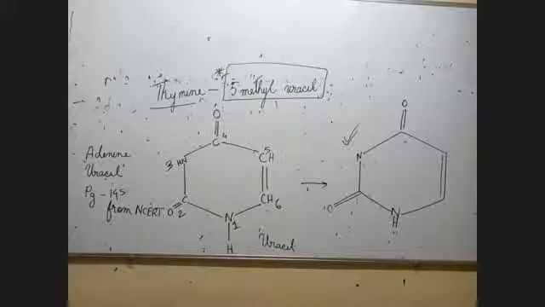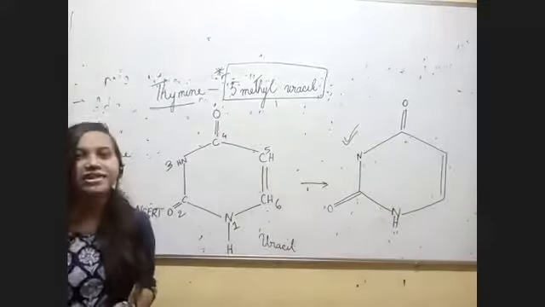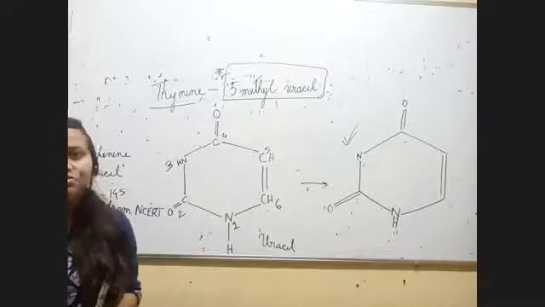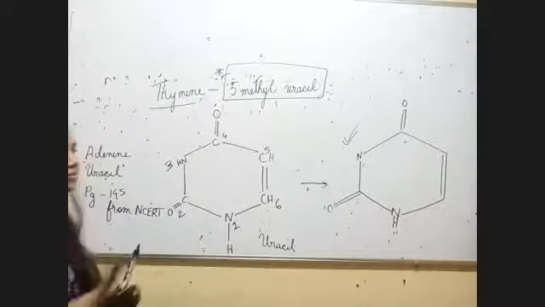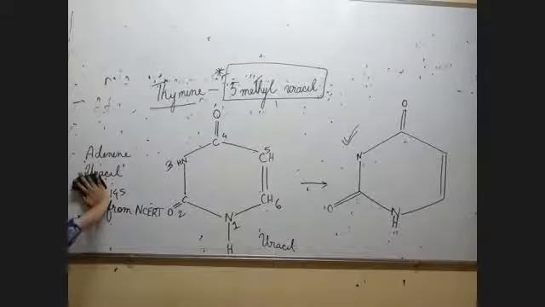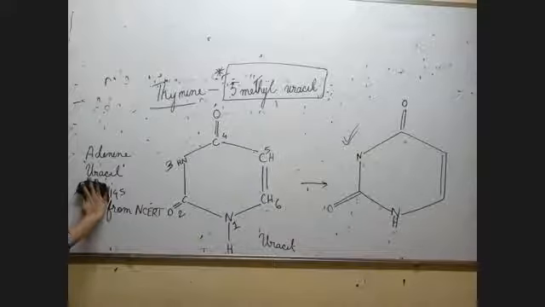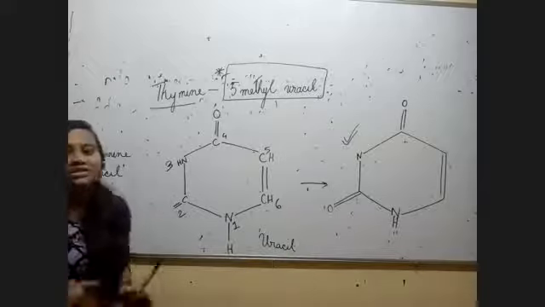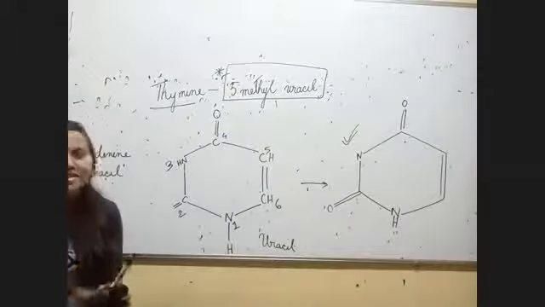Done, everyone? Clear? I will send the structures again in the group, okay? If you made any mistake, just match them. Done? Can I erase? Yes. So my advice from this part is you need to know the structure of adenine and uracil.